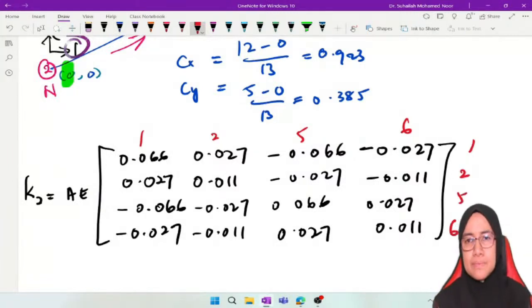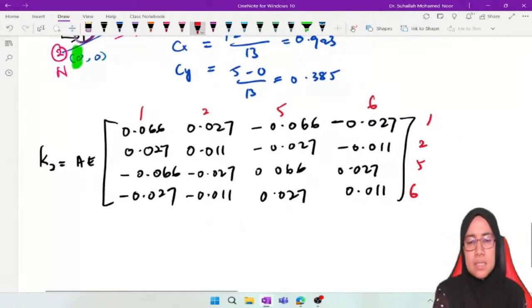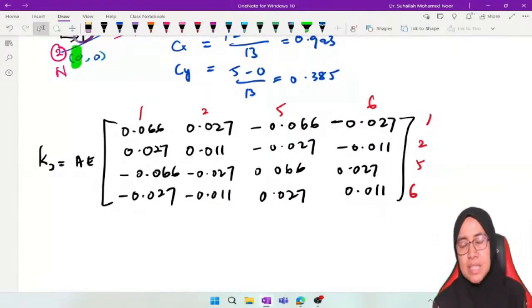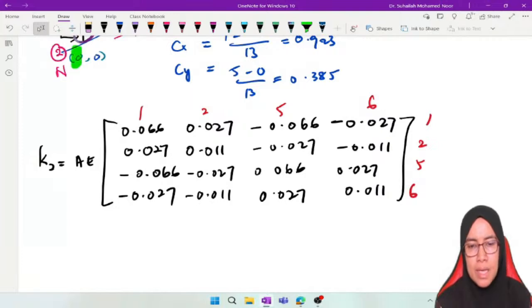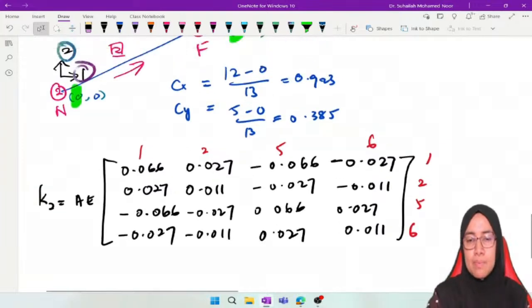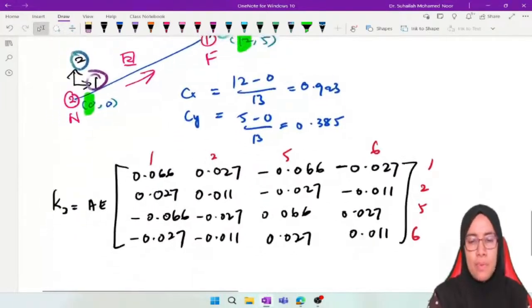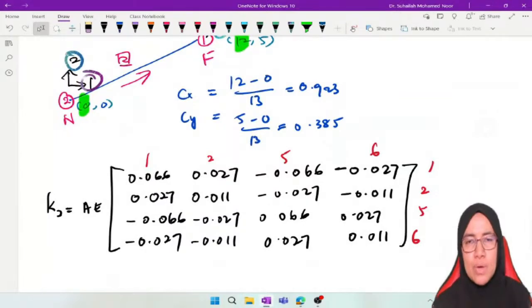So these are the element stiffness matrices K1 and K2. It is actually quite straightforward. The formula is quite simple. To calculate Cx, Cy is also straightforward. We just need to understand the coordinates, then substitute into the formula and we get K1 and K2.